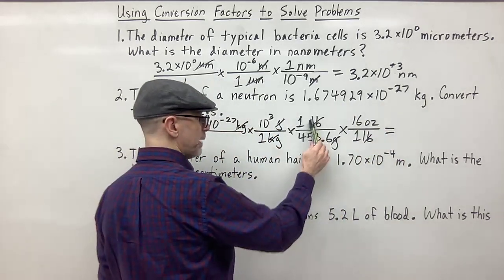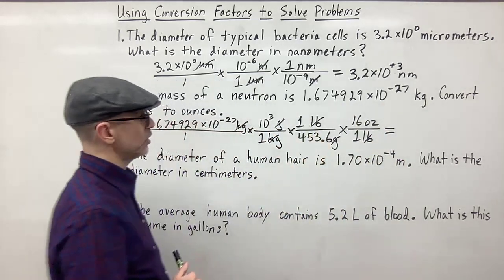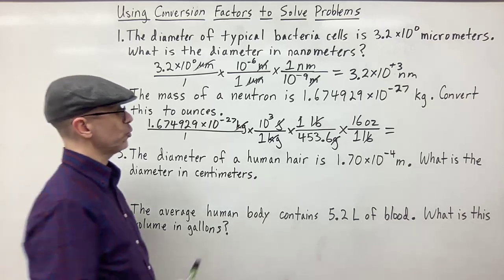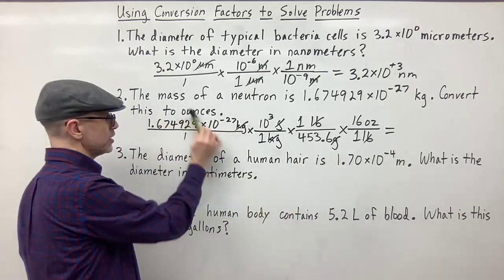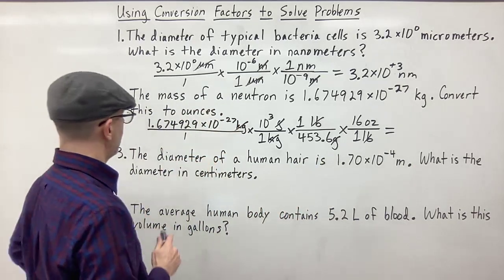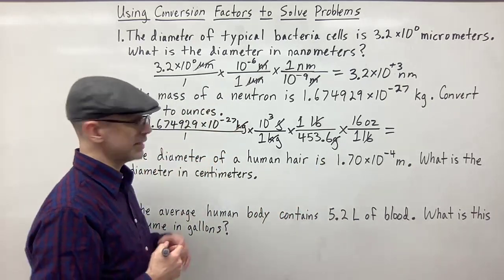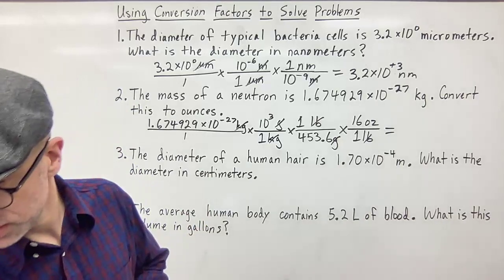But grams to pounds is not exact. So we have 4 sig figs here. That's going to limit this to 4 sig figs. So when we calculate this out, we limit it to 4 sig figs.